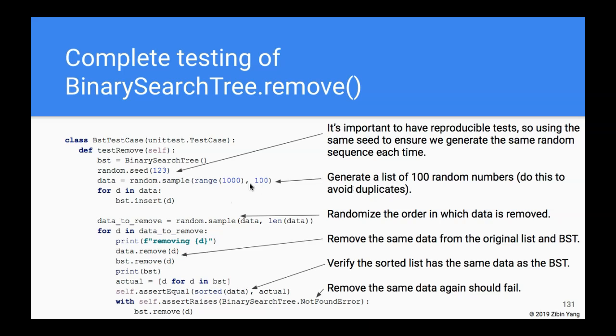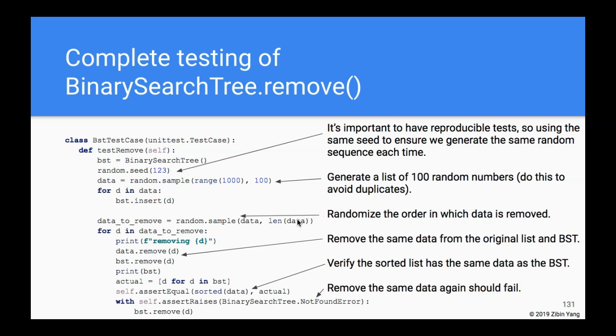And what I'm doing here is I'm using the random sample. So I'm going to generate 1,000 numbers, and the random sample is going to pick 100 numbers from the 1,000 numbers, and it's going to insert them into the binary search tree.